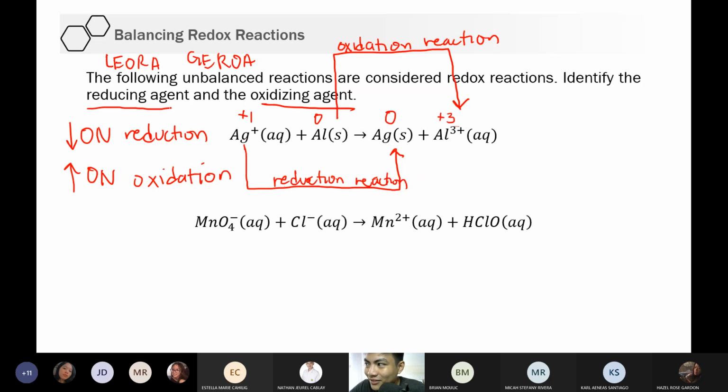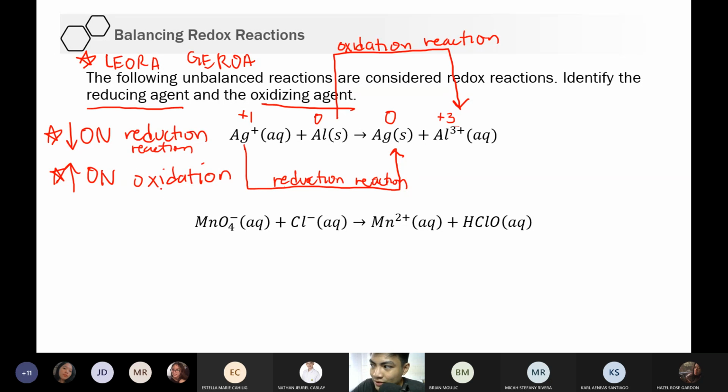Sige. Yung mga confused, okay lang. Maganda na ma-clarify natin yun ngayon. We still have plenty of time naman. Alam ko nakakalito siya, no? Baliktaran kasi yung concept. Pero again, ito yung kailangan nyo kabisaduhin. Itong tatlo lang. Leora-Geroa, pag bumaba oxidation number, reduction reaction.